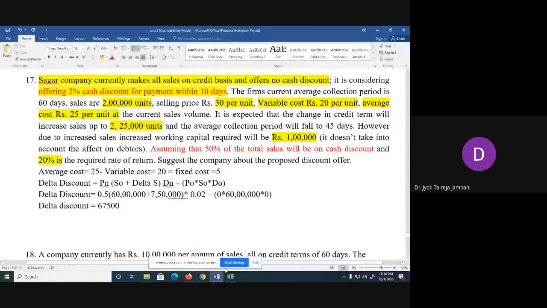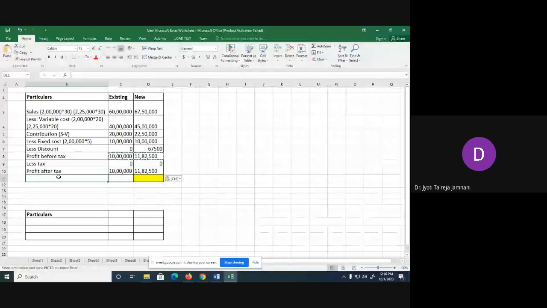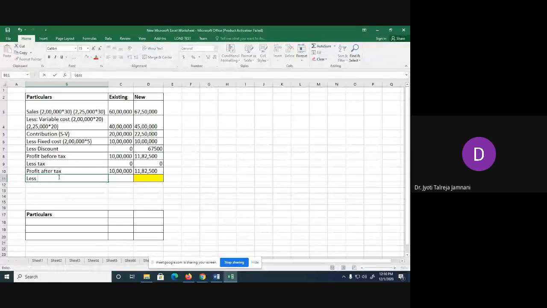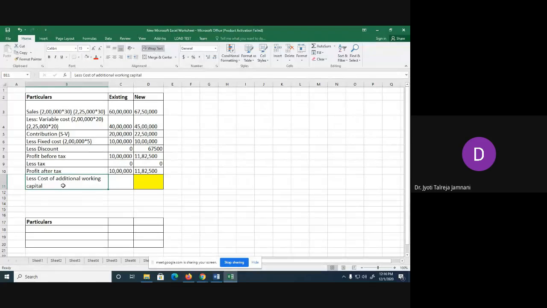So after profit after tax, we will say less cost of additional working capital. So 1 lakh is the additional working capital and 20% is the cost. So that comes to 20,000.